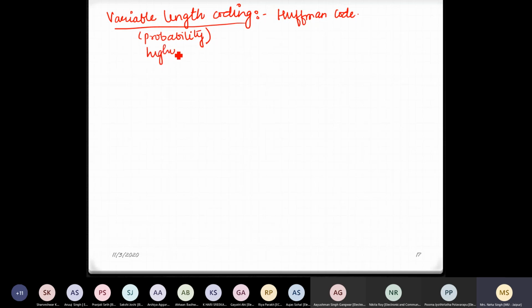Higher probability means smaller code length, means less number of bits. Lower the probability, longer is the code length. Okay. Let's work with an example to understand this better.